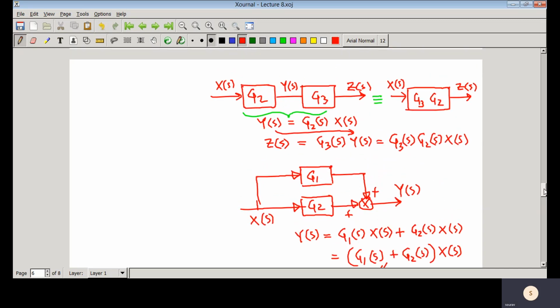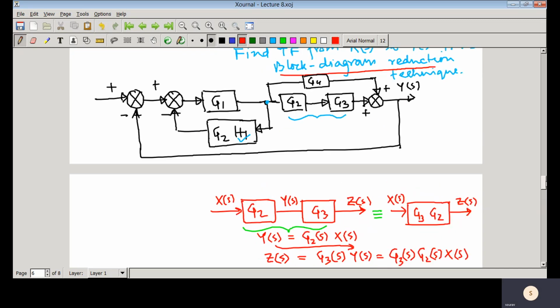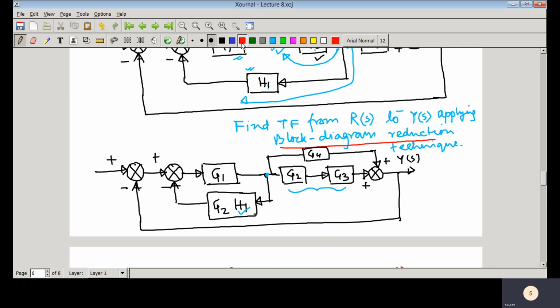Then you can see the structure, and if you look at the block diagram that you have, particularly you can see that these two block diagrams, this one and that one, are cascaded. So basically you can simplify that to G3 G2.